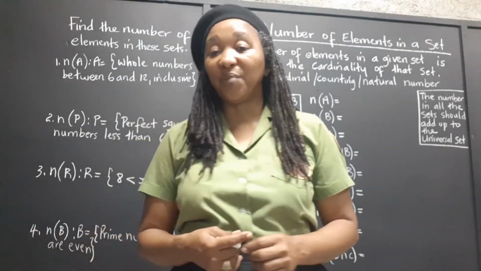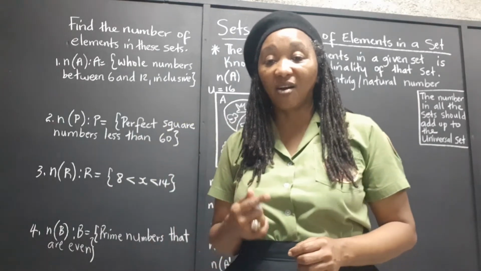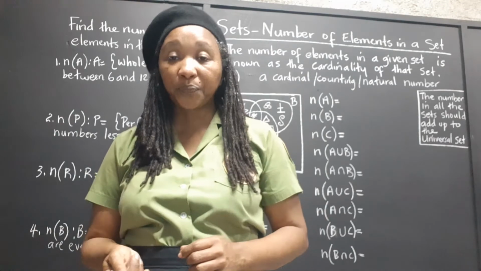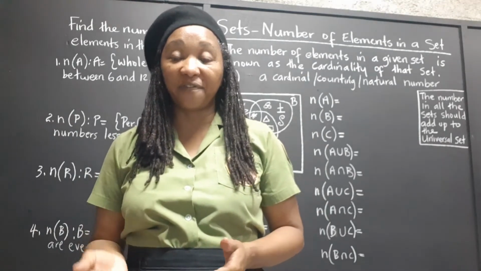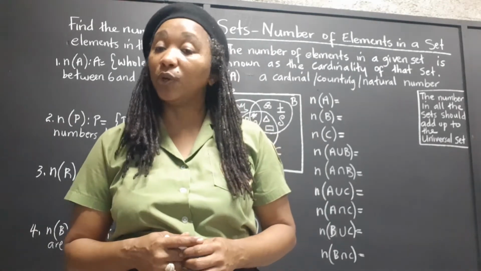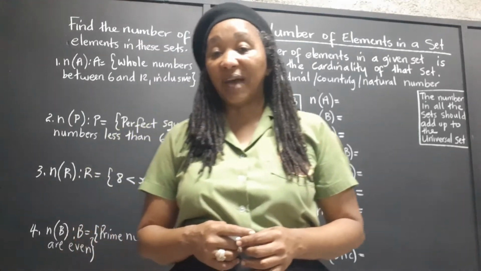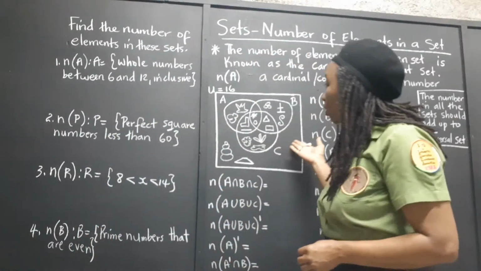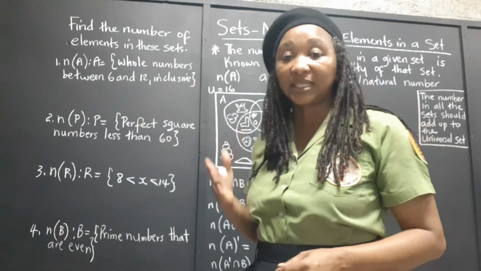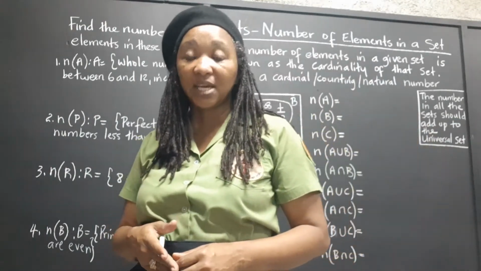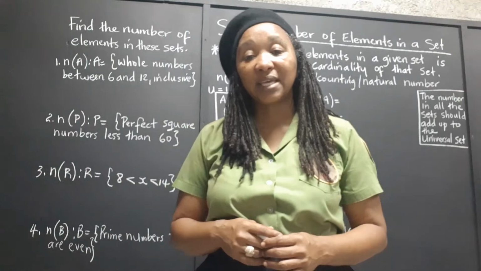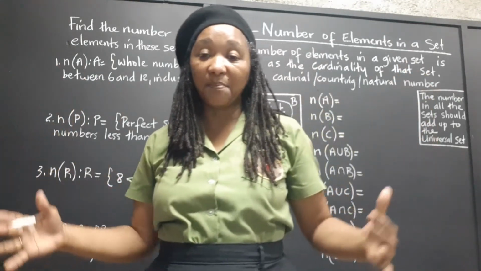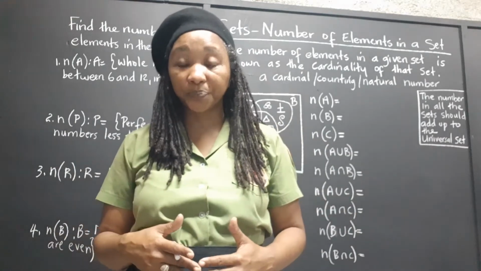And if you have been watching all the other videos that we have on sets at the grade 4, grade 5 level, you will remember that we use the Venn diagram to represent the universal set. So the universal set is a collection of all the elements being considered.